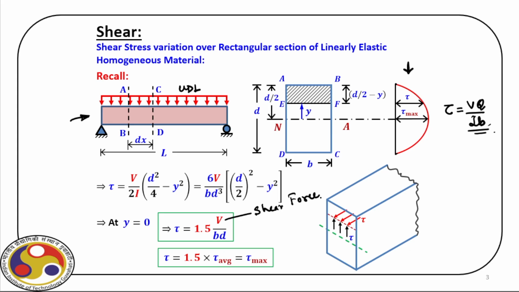This shear force divided by BD, which is the area, is basically the shear stress, and if we increase it by 50%, we get this tau at y equal to 0. So y equal to 0 means at the neutral axis. That means tau maximum is equal to 1.5 V by BD, right? So this is the maximum value of tau.